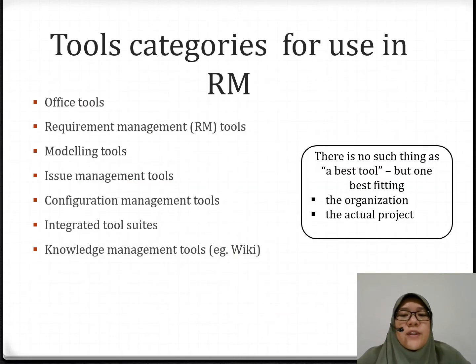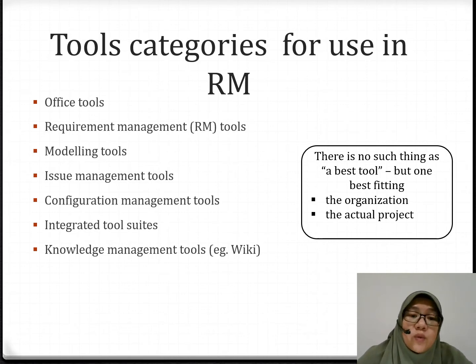Okay, tool categories for use in requirements management. So there are a lot of categories, a lot of purposes why we use tools for requirements management, right? Some are modeling tools, to help us do modeling, to do use cases using Star UML or whatever software there are. So many software out there.